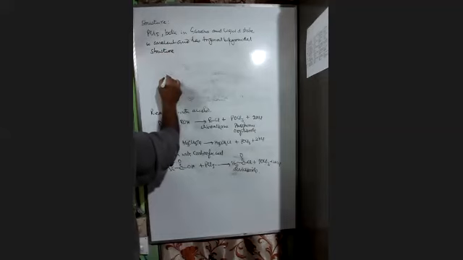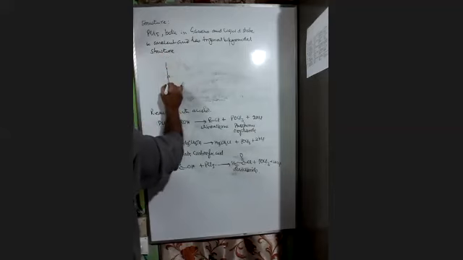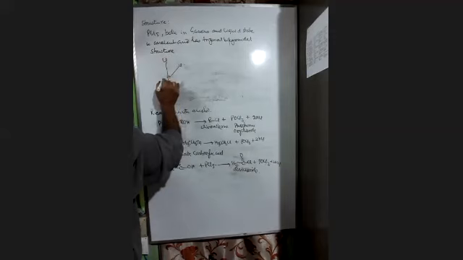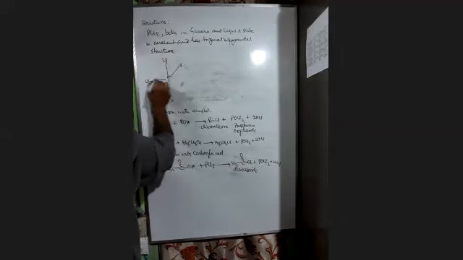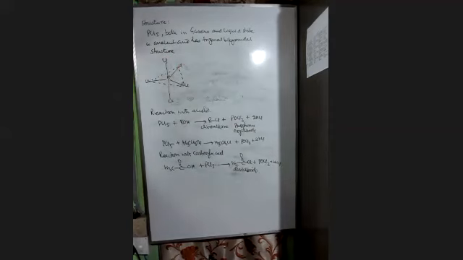So it is, see, this is the structure. So it's called trigonal bipyramidal structure.